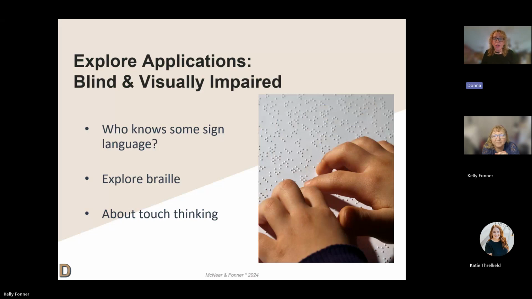It's common to use with all children as they're learning language. And so I want you to take that association of knowing a little bit about sign language maybe and say, so let's all learn a little bit about Braille. And then that will, if you're a team member on a child who's blind or visually impaired, having this beginning knowledge about Braille, I think will help you with your collaboration and ideas and brainstorming, and then a little bit about touch thinking.